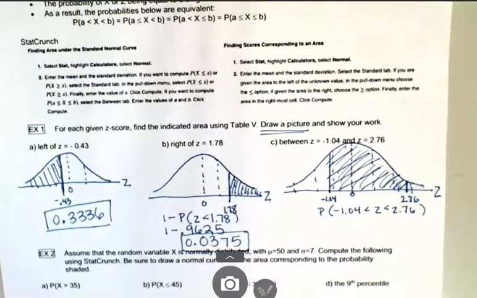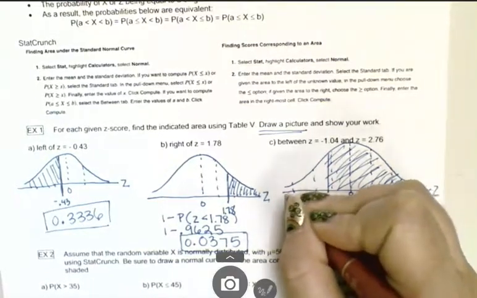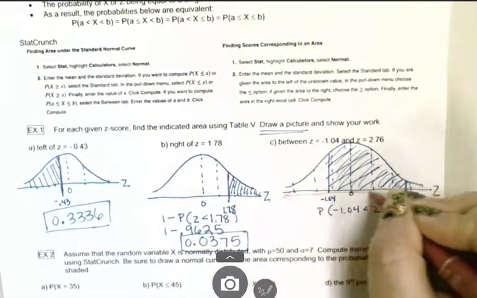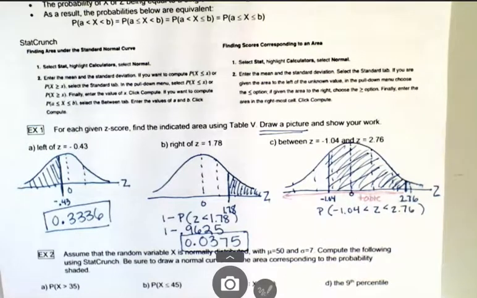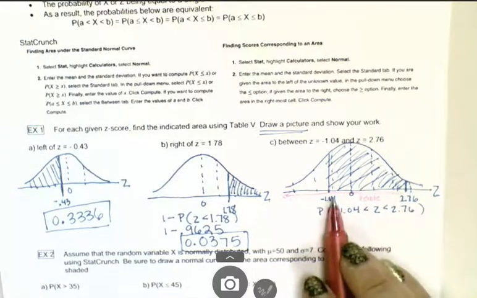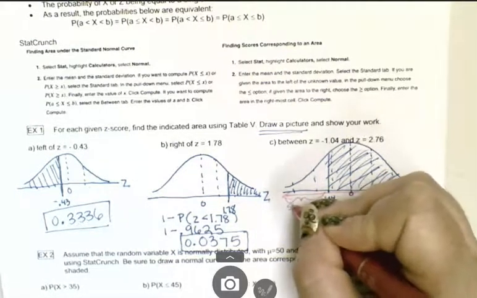Now, I'm going to switch to a different color here, I can find this area directly from my table. So that's what the table is going to tell me. But I want that area without this area.